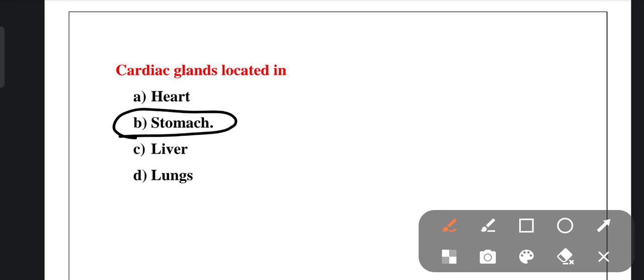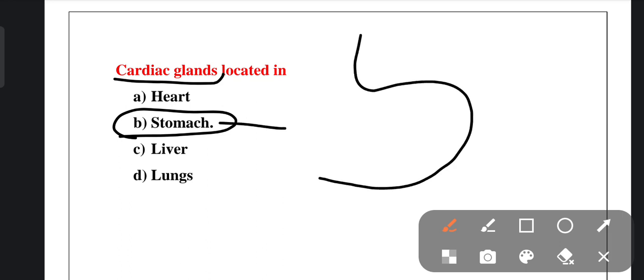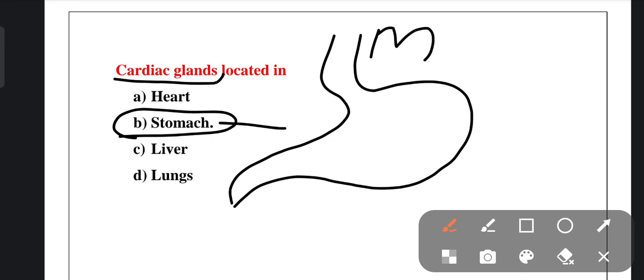So why is it called cardiac glands in the stomach? Because if you think of the stomach, here we have the heart. In the stomach, here we have the cells, those cardiac glands present here.